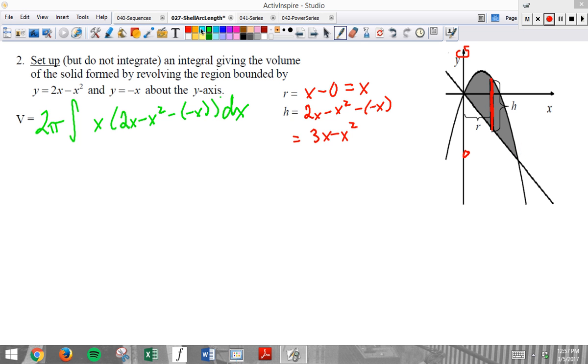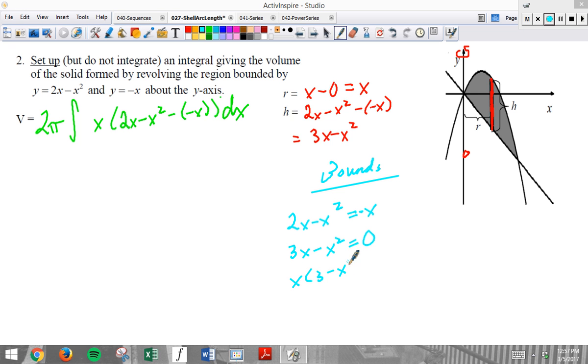What they really want you to do for the bounds is find out where they intersect. So we set up this equation. Oh, negative. Factoring is important.